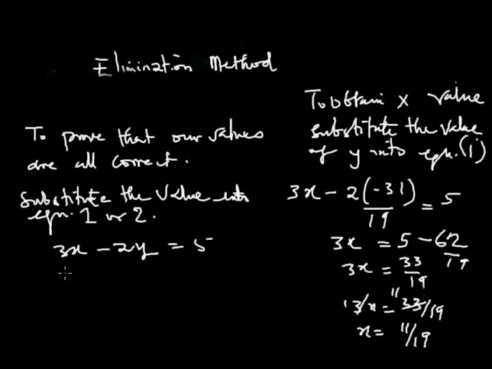That means 3 multiplied by 11 over 19 minus 2 times minus 31 over 19 is equals to 5.